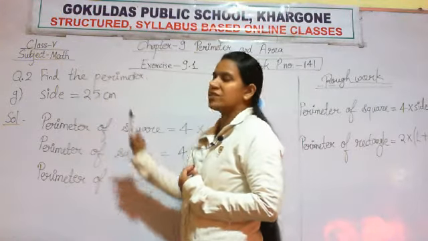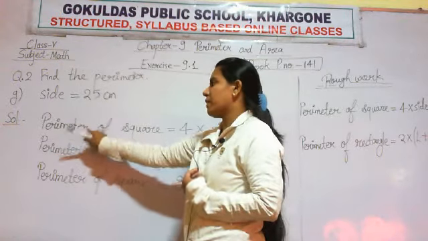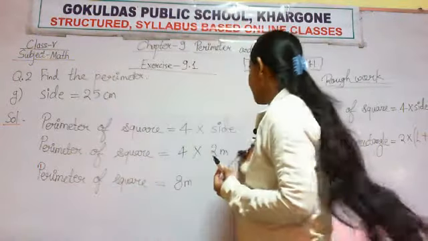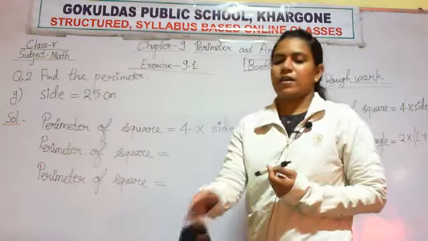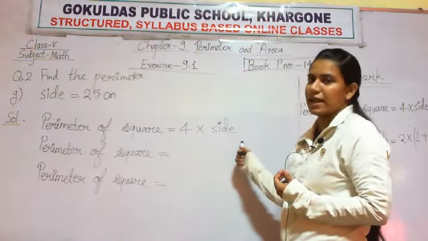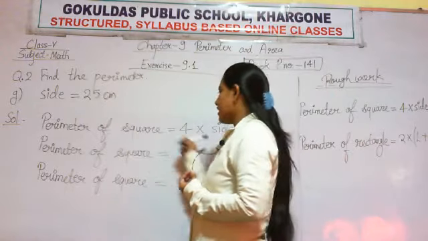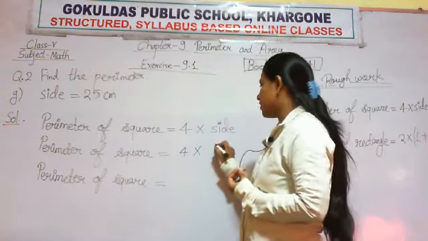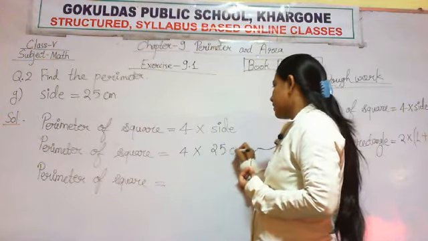As we are talking about side, we will apply the formula of perimeter of square, right? And the formula is perimeter of a square is equal to 4 multiplied by side. Now put the value of side in the formula. 4 multiplied by 25 centimeter.